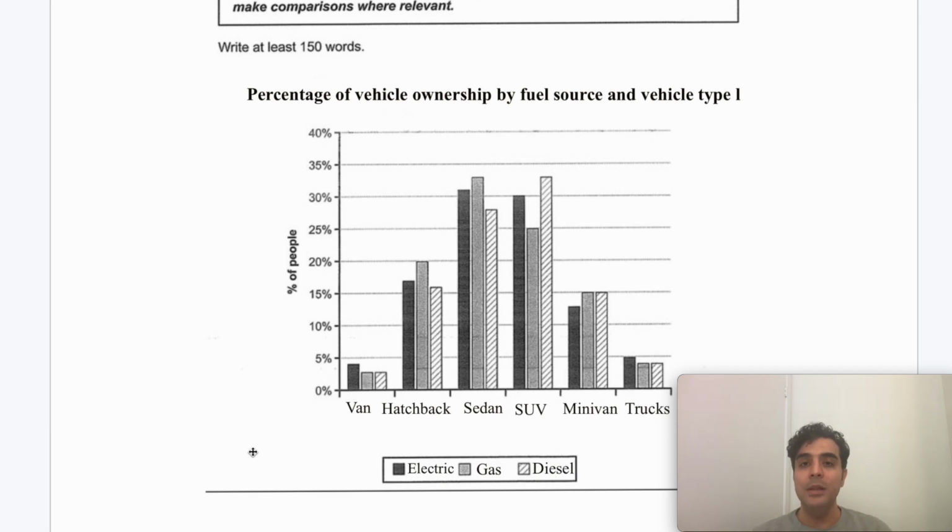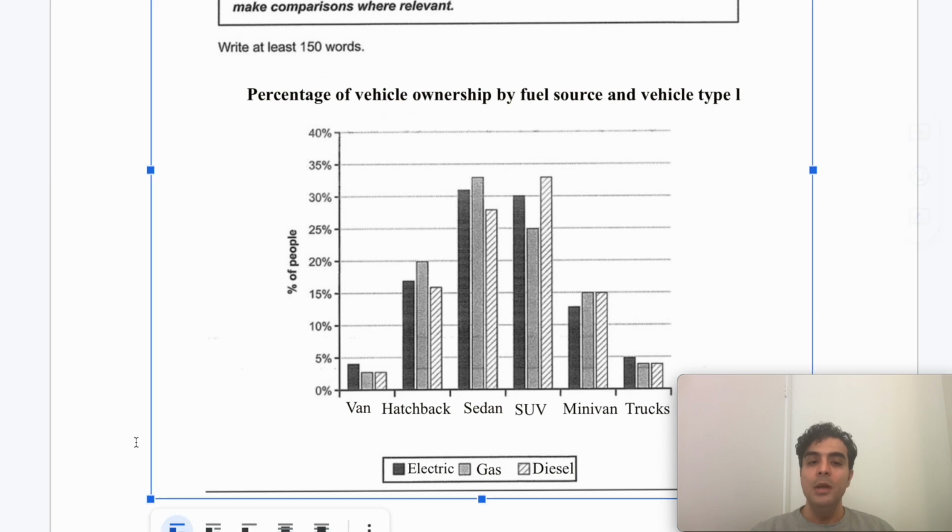Discrete data, on the other hand, is any kind of data that doesn't focus on changes across time, but rather compares categories to each other. Okay, so we've looked at line graphs, which contain quantitative data, which is interval. And we've also looked at bar charts that contain quantitative data that are discrete.